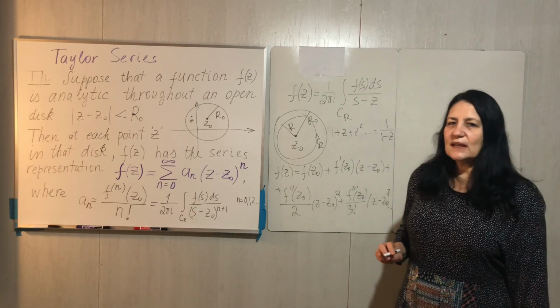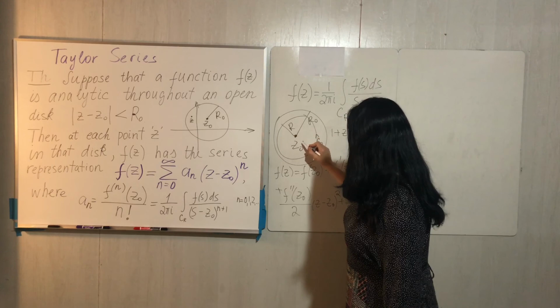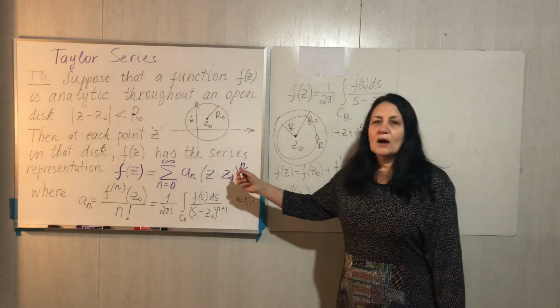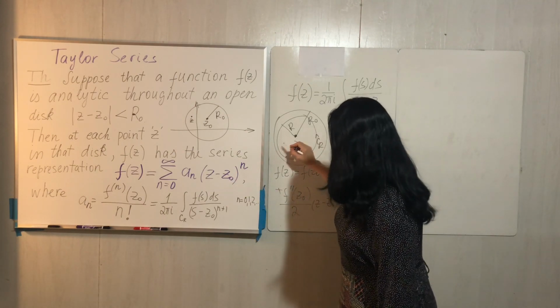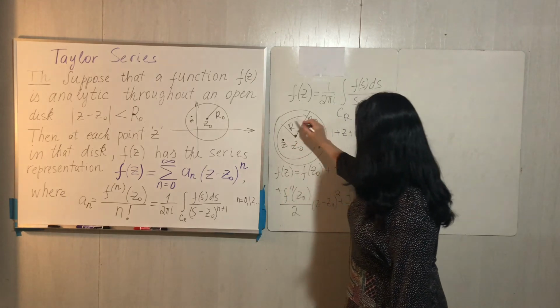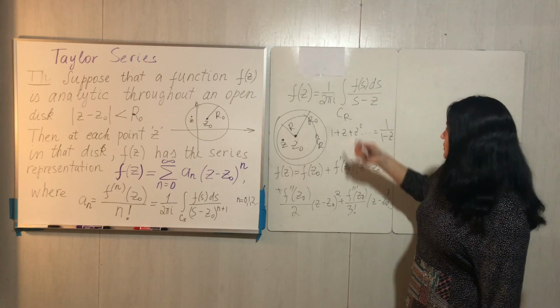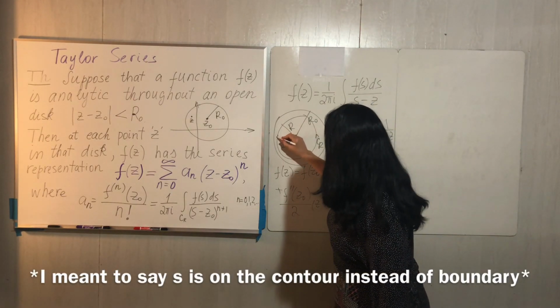Okay, so now let's look at point z sub 0. Here is our point z sub 0. And what can we say about z? Point z is somewhere inside this small disk. And what is s that is also involved? s lives on the boundary.